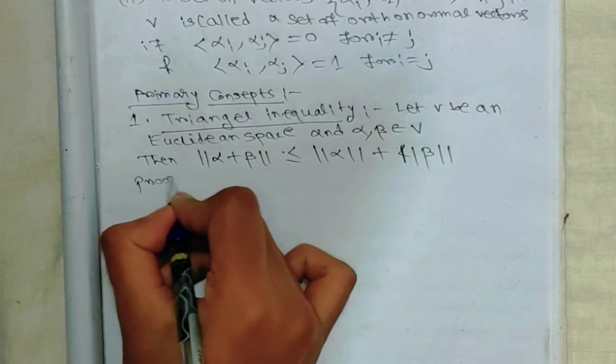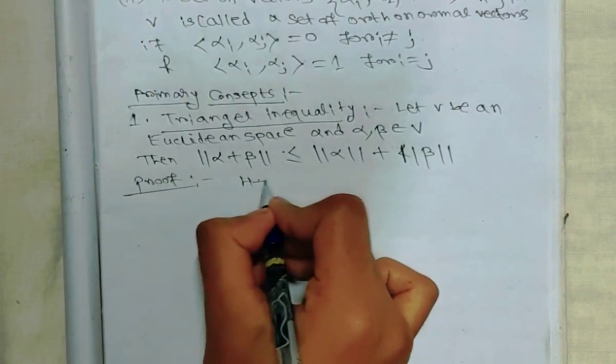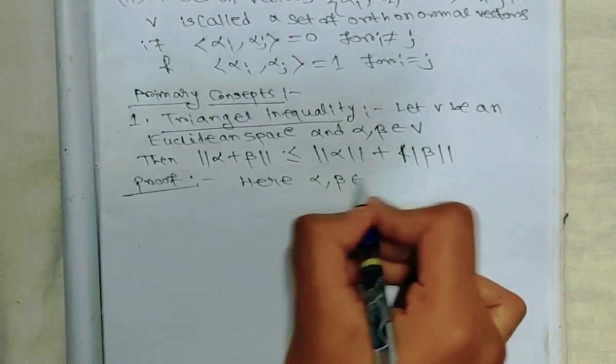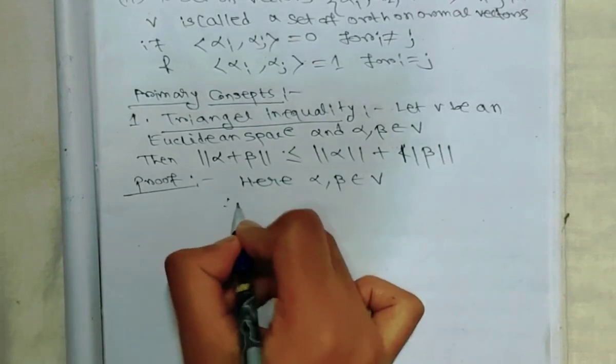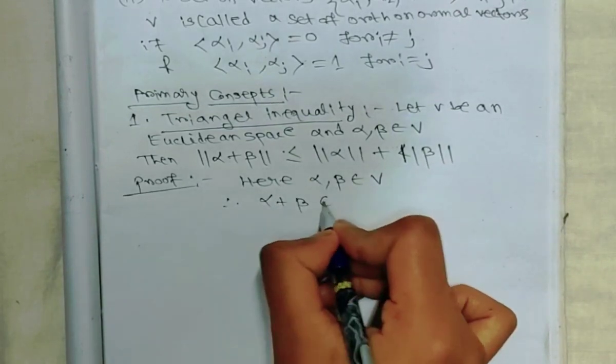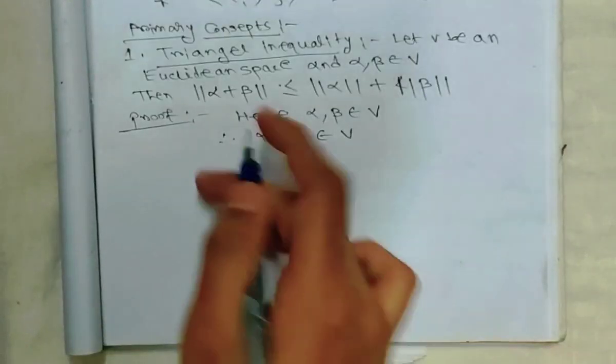Proof. Here alpha and beta belong to Euclidean space V. Therefore, alpha plus beta also belongs to Euclidean space V.